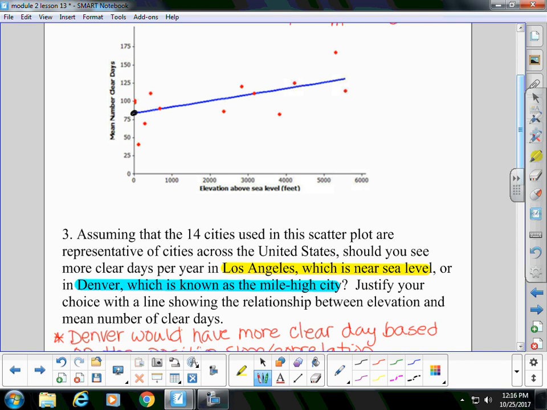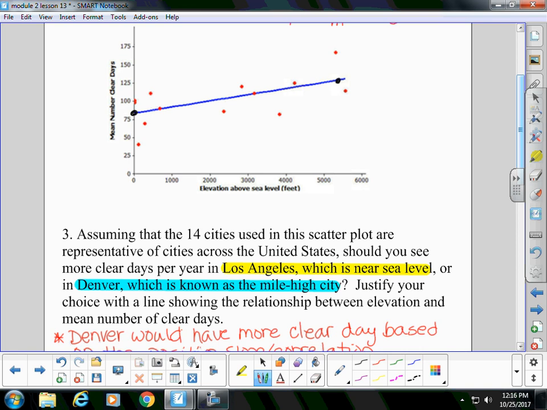And Denver is about 5,280, going straight up from about there. That would put Denver maybe right around here, just using my line as an approximation, and that's looking like close to 125 clear days.